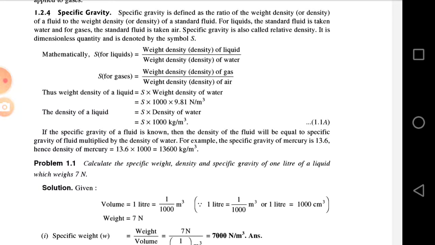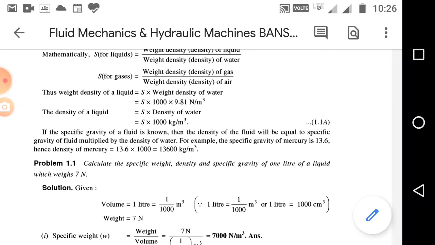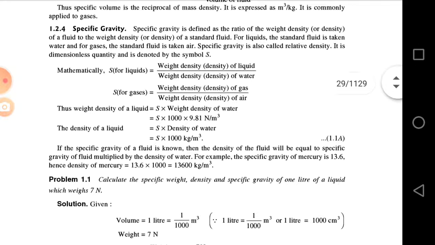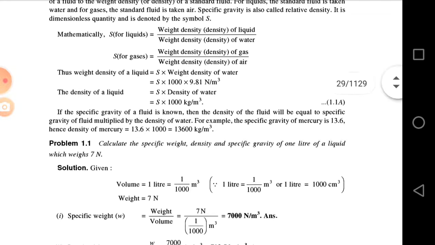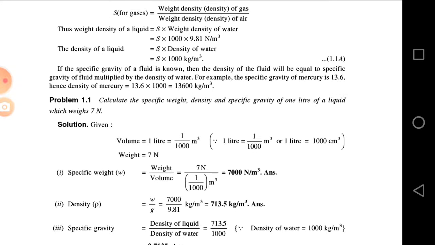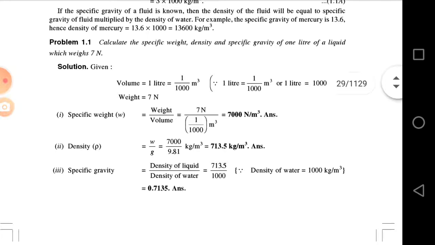Therefore, density of a liquid is equal to specific gravity into density of water. For example, the specific gravity of mercury is 13.6 and the density of mercury is 13.6 into 1000, 13,600 kg per meter cube. So now we'll see some of the problems related to these properties.